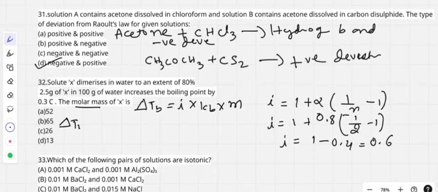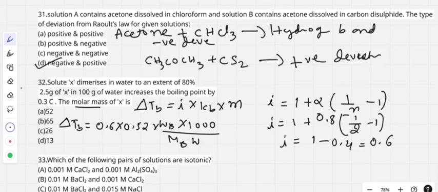Then next we have to substitute the values. For delta Tb is equal to i, that means 0.6, and Kb of water is 0.52, into, what is the formula to calculate molality? Molality is Wb into 1000 divided by Mb into Wa.